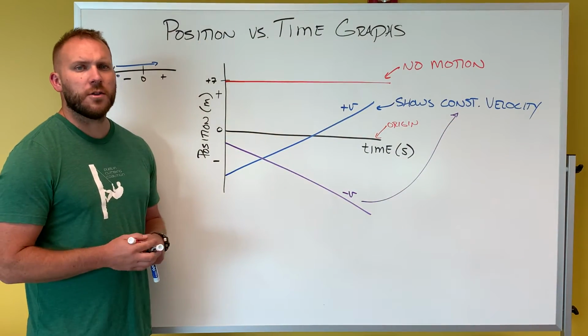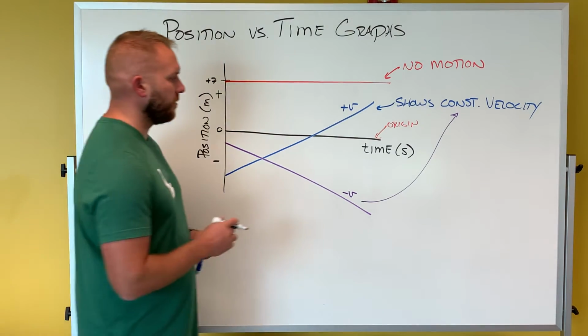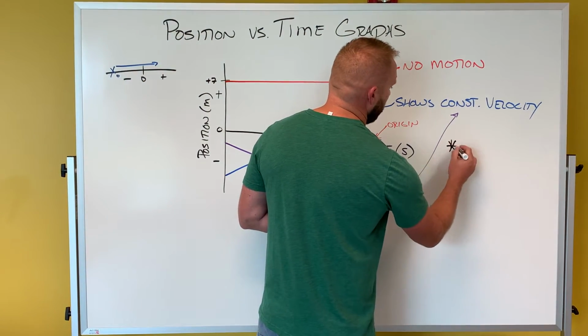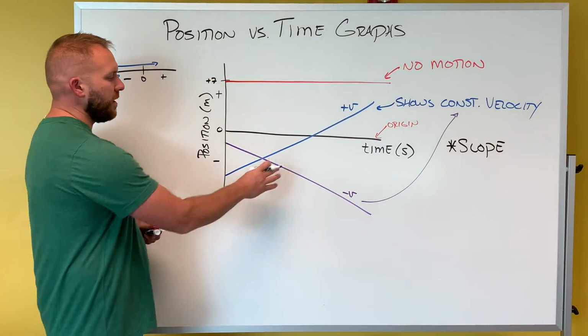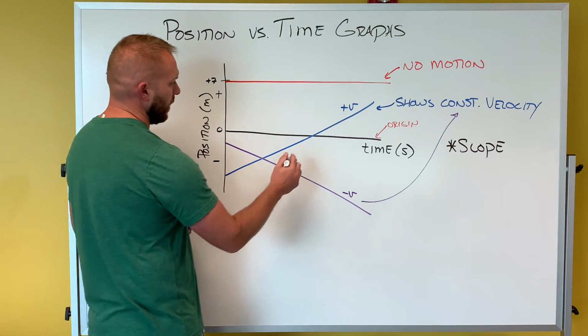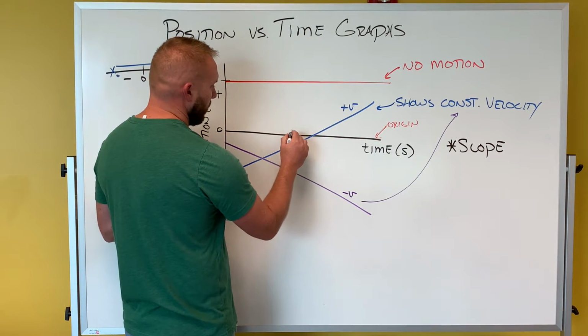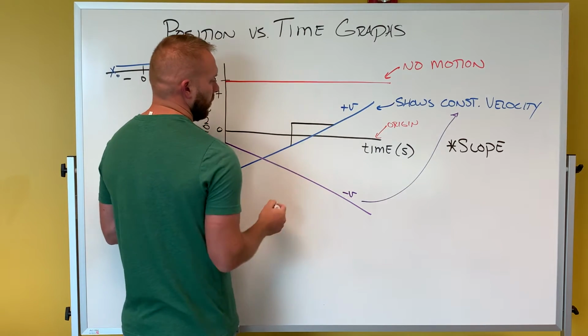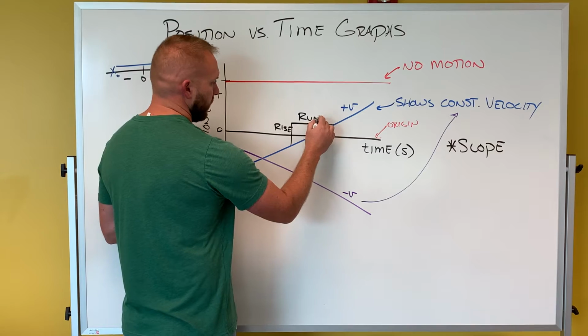Now, how can I know that these are showing constant velocity? The main thing we have to understand is, what does the slope of a position time graph tell me, right? So if we take these angled lines and we find the slope. Remember, slope is rise over run.